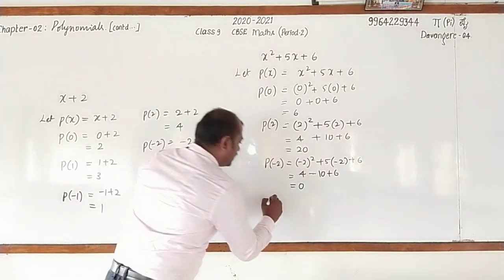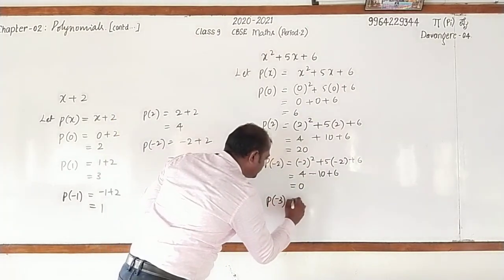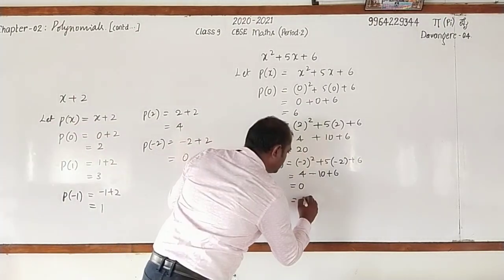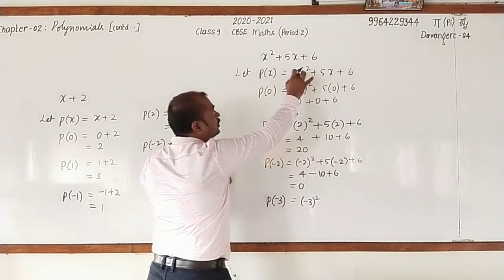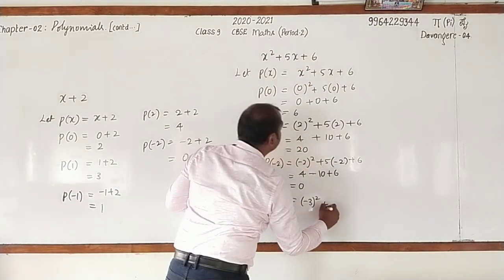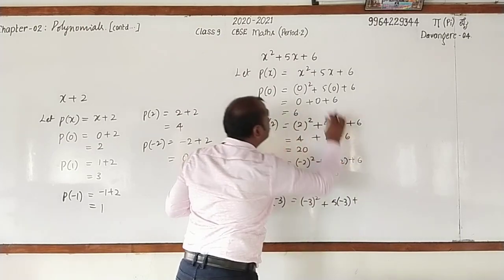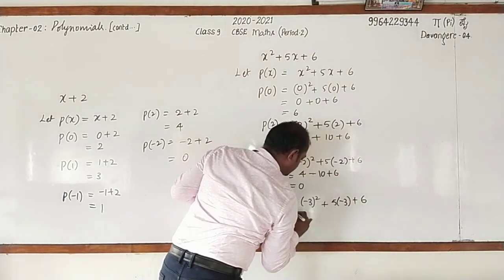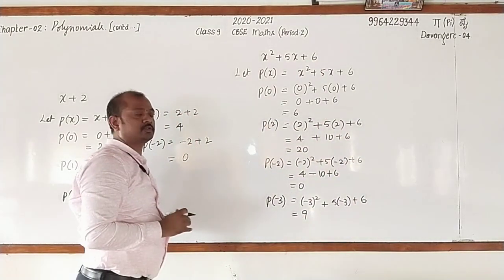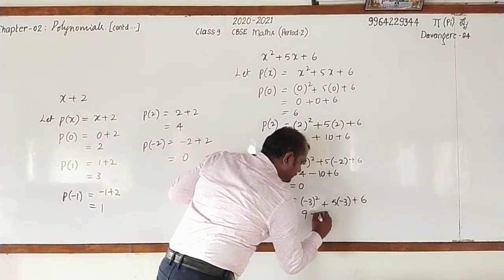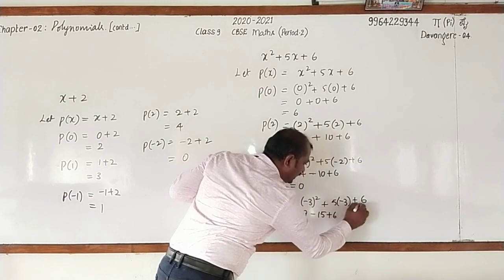Right? I go for one more value, p of minus 3. It is minus 3 whole square plus 5 into minus 3 plus 6. It is equal to minus 3 whole square is 9. 5 into minus 3, minus 15 and plus 6.